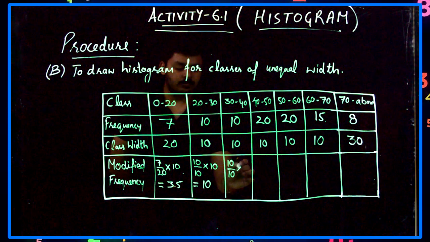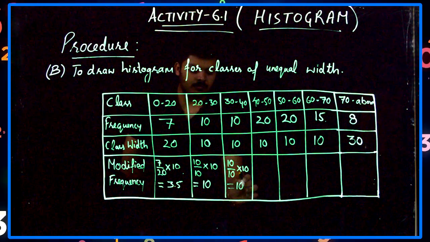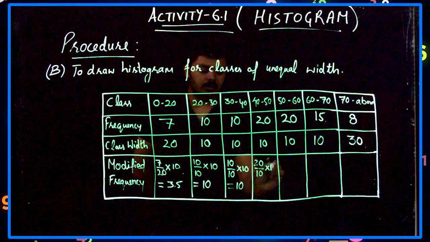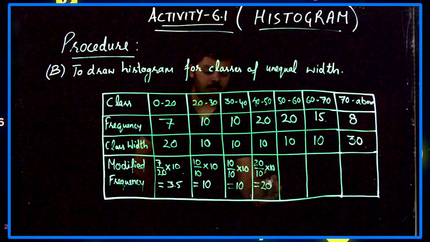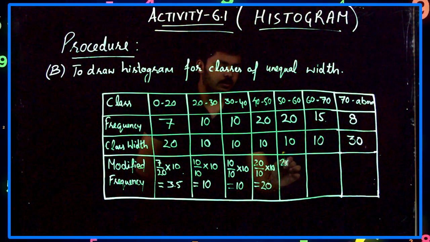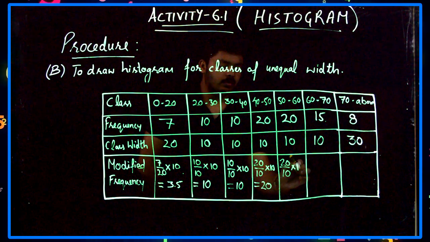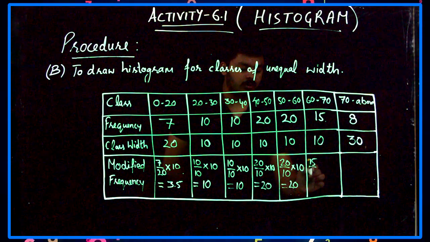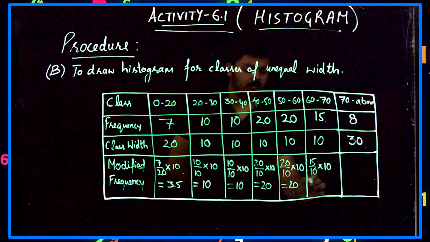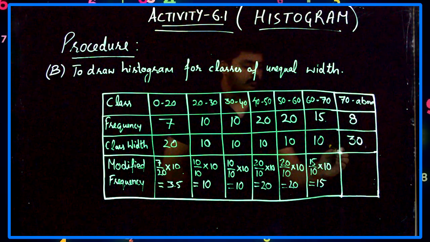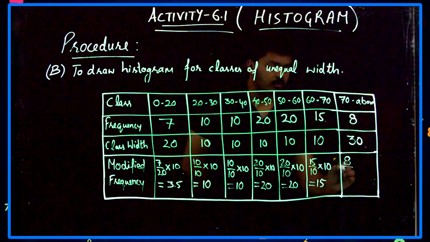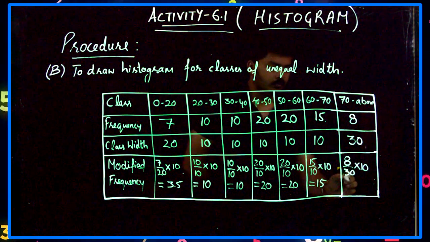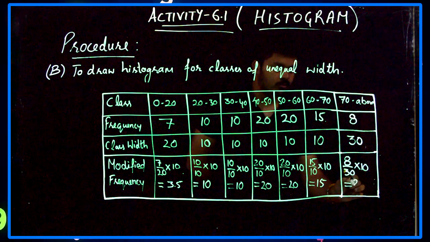Similarly, 20 upon 10 multiplied by 10 equals 20, 20 upon 10 multiplied by 10 equals 20, 15 upon 10 multiplied by 10 equals 15, and here 8 upon 30 multiplied by 10 equals 2.67.